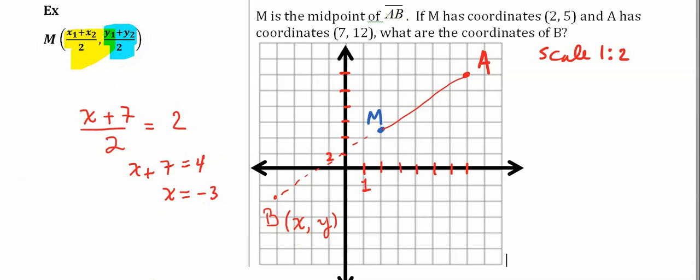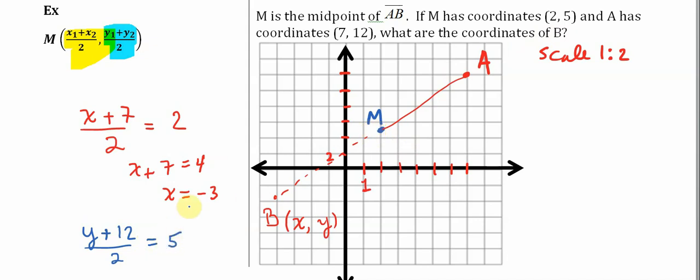And then we're going to do the same thing but with the y coordinate. So the y coordinate of B, if we were to apply this formula, add it to the y coordinate of A, which is 12, and divide that by 2, we would get the y coordinate of the midpoint here, which in this case is 5.